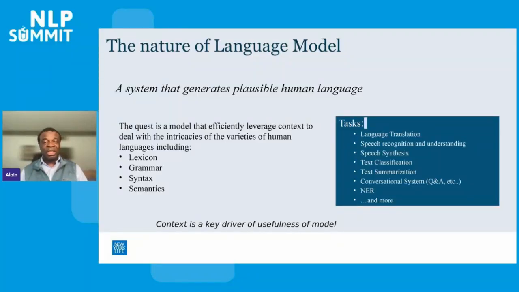Text classification, text summarization, Q&A systems, some of those things that are hugely used today. But the cornerstone for this is an effective and efficient language model that has to deal with the lexicon, the vocabulary that you have, the grammar, the language that is of interest to you, the syntactic view of this, and then the semantic view of that. So in short, context is a key driver today for the usefulness of any language model that we have.